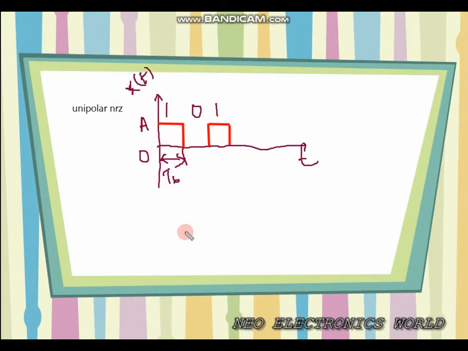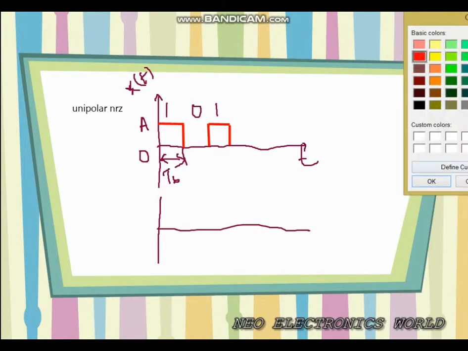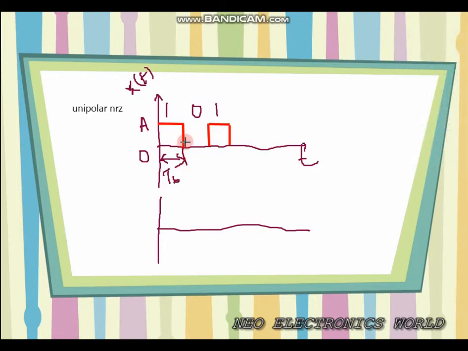What about unipolar return to zero? I'll draw the graph here. For unipolar return to zero, the graph is similar, but a small difference is there. I'll use another color to show the line. The time period we'll use here is again TB. Then only you will understand what I'm telling.